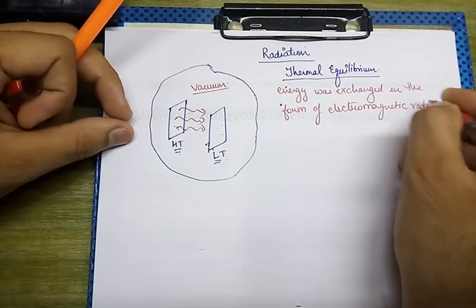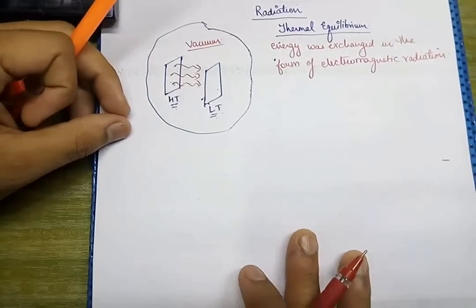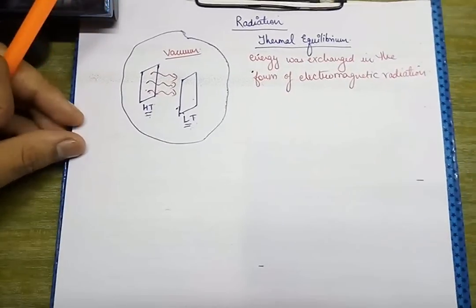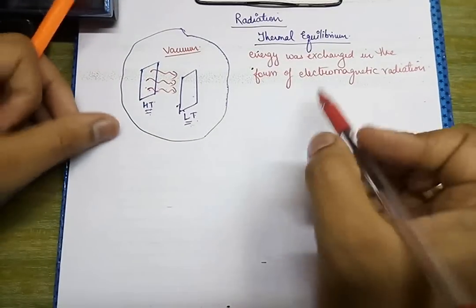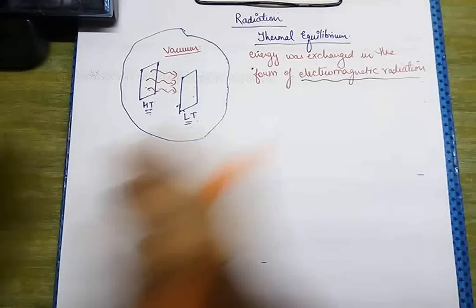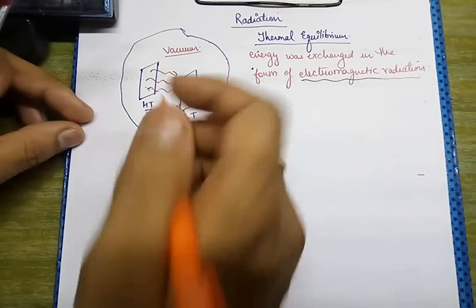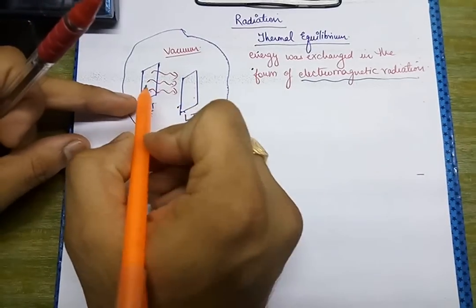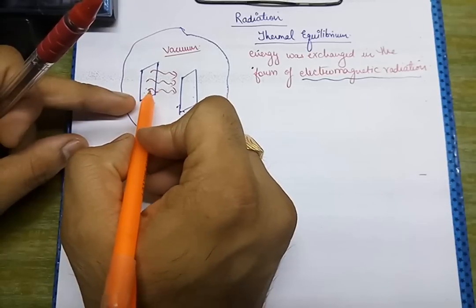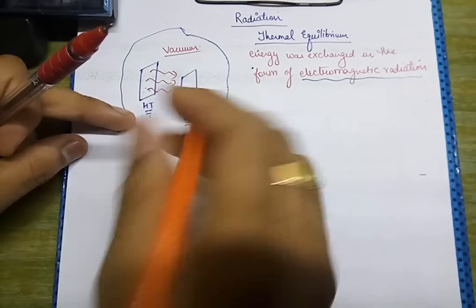Okay, so the energy which was released from the high temperature plate and reached the low temperature plate must have been in the form of electromagnetic radiations, because electromagnetic radiations possess a property that they can travel through vacuum. Okay, so electromagnetic emissions were given out from the high temperature plate and they reached the low temperature plate.